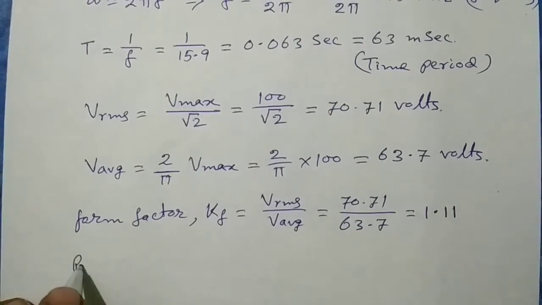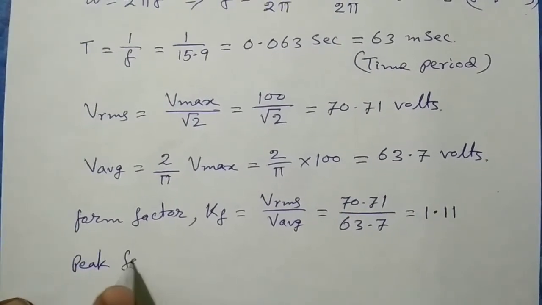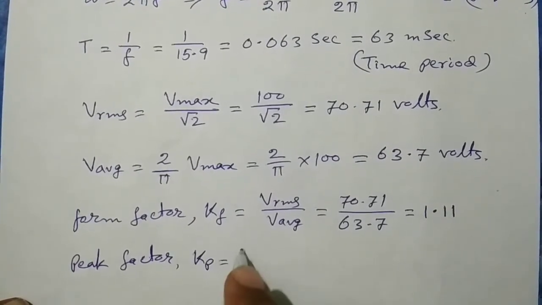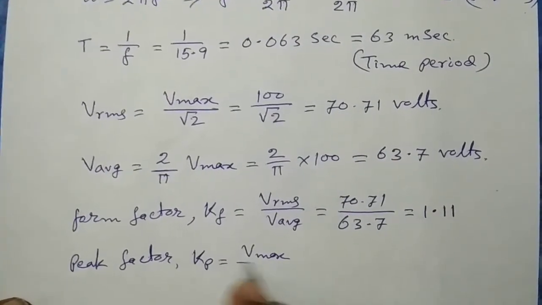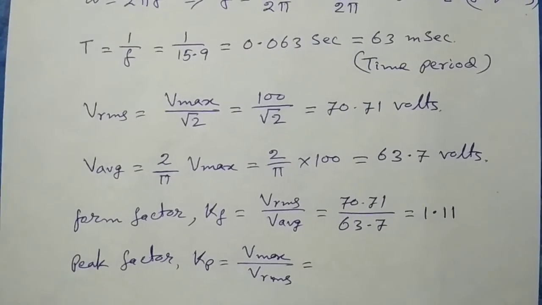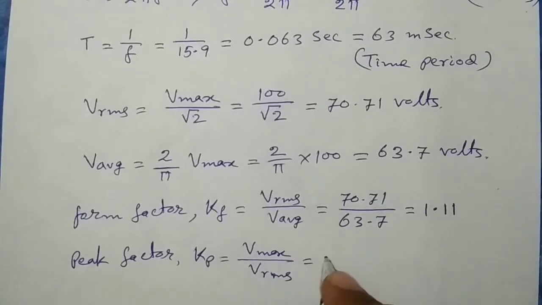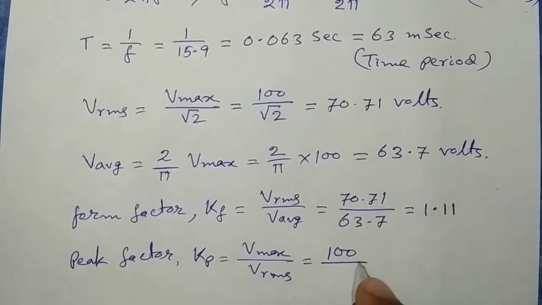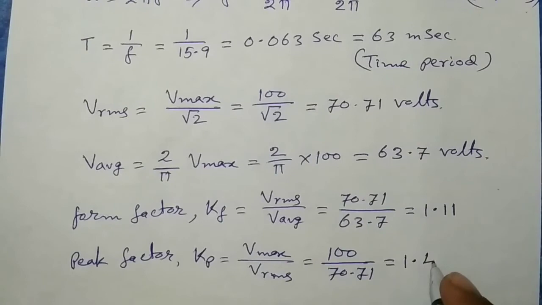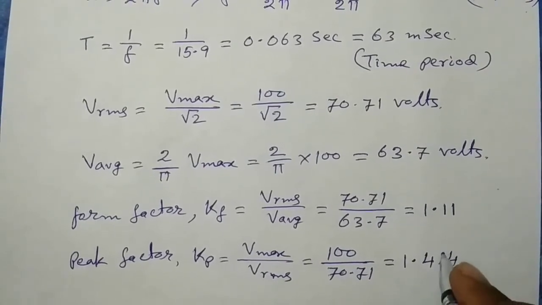And the peak factor is the ratio of Vmax to the RMS value. So here the maximum voltage is 100 and the RMS value is 70.71 that we have calculated, and finally the value will be 1.414.